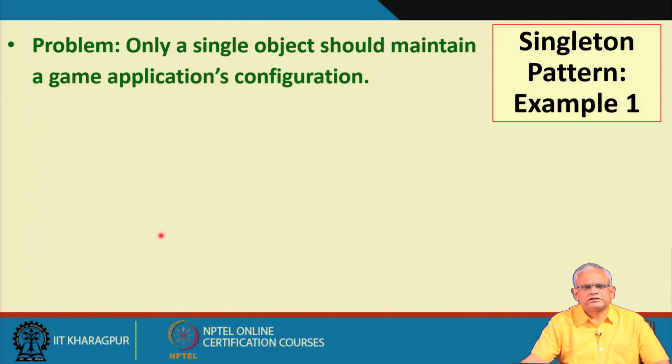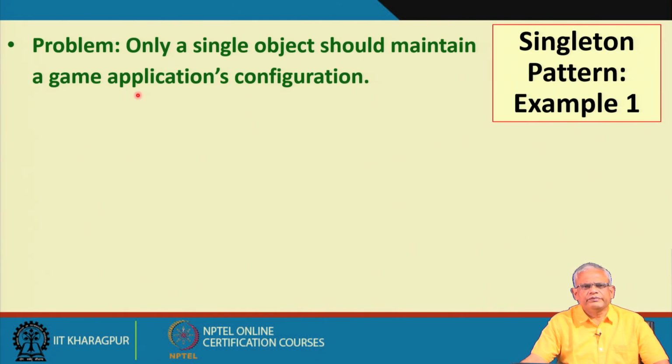Now, let us see some example problems where the singleton pattern is useful, where there is a necessity for creating exactly one object. One is that we have a game application, and the game application's present configuration is maintained in a single object.